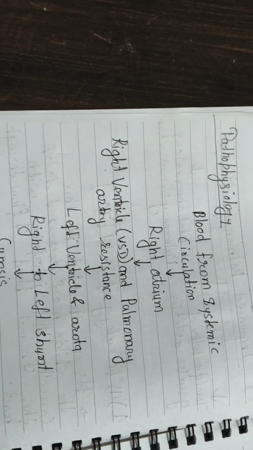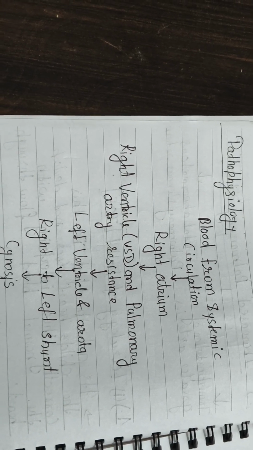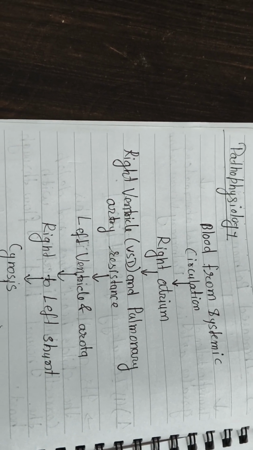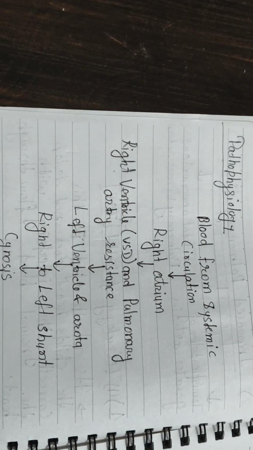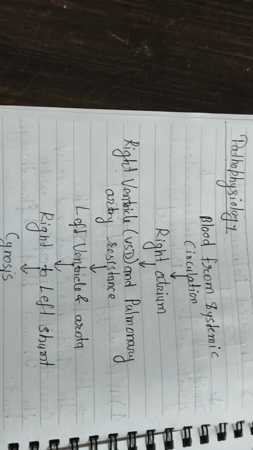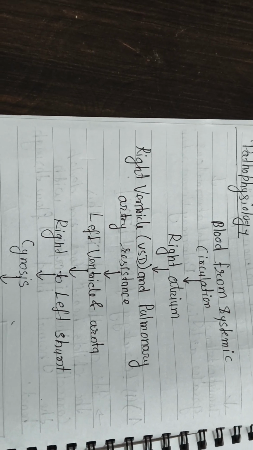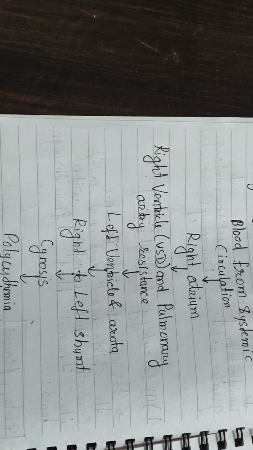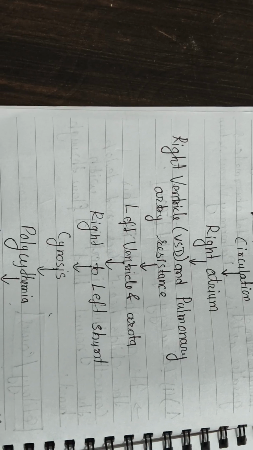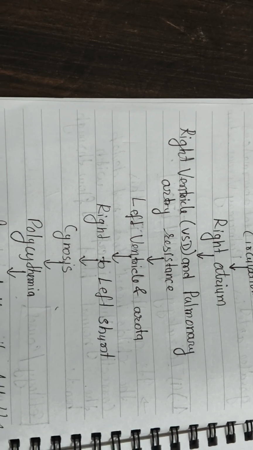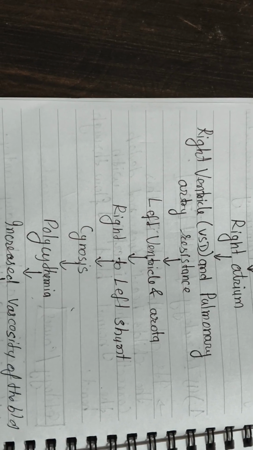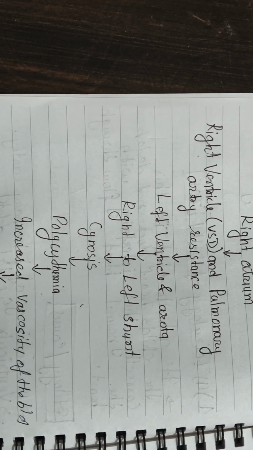After the right atrium, it goes to the right ventricle, with pulmonary artery resistance and VSD, a hole there. Then it goes to the left ventricle and aorta. Then next, right to left shunt.